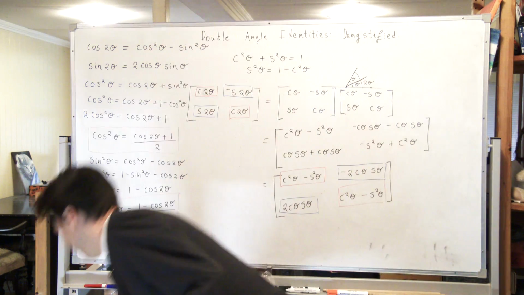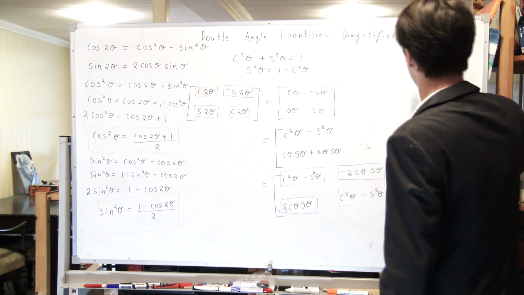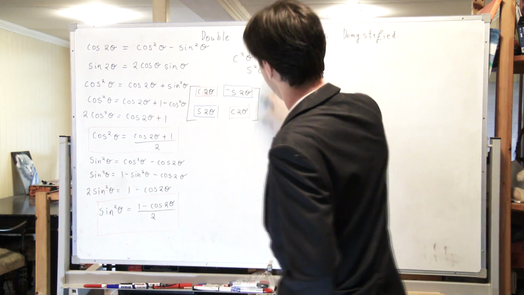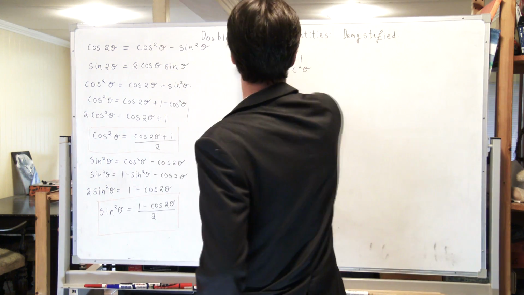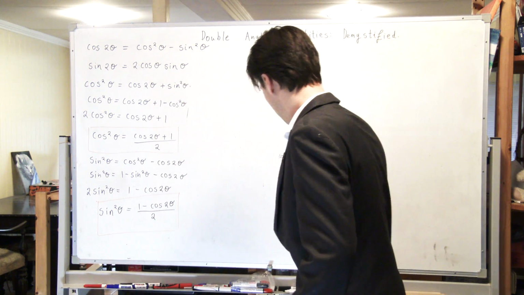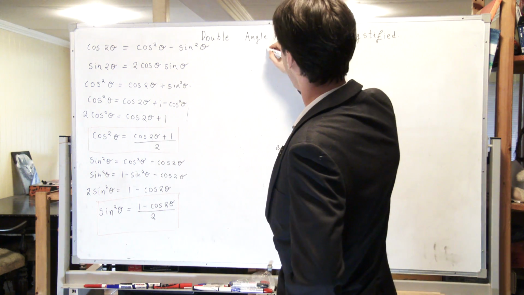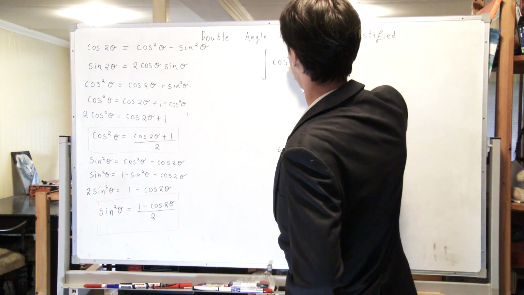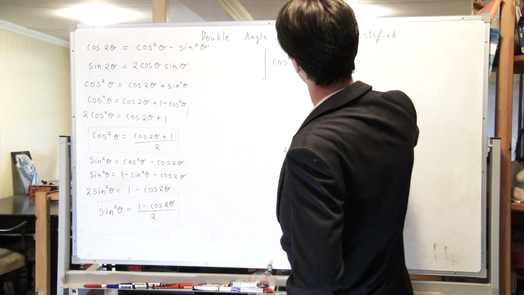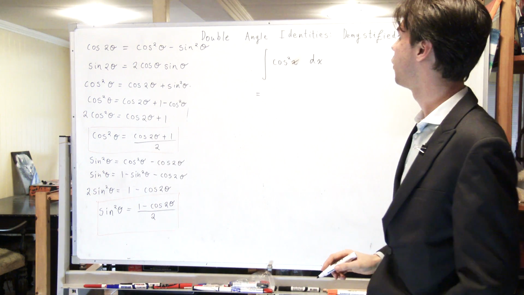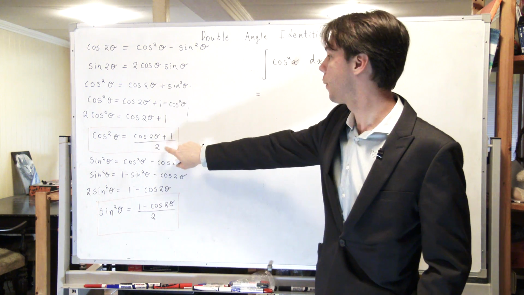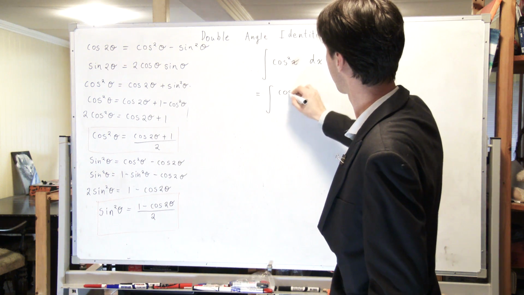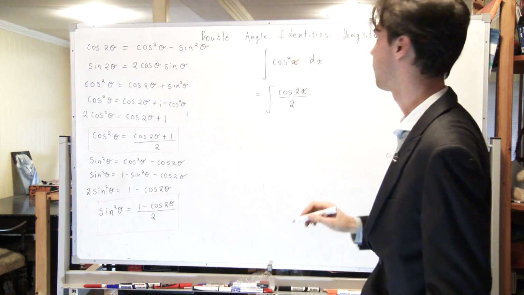Now here's just a quick example. Let's say a question is asking me to find the integral of cos squared x, let's say x instead of theta, with respect to x. I can transform cos squared x into cos of 2x plus 1 over 2. Let's do it like that.